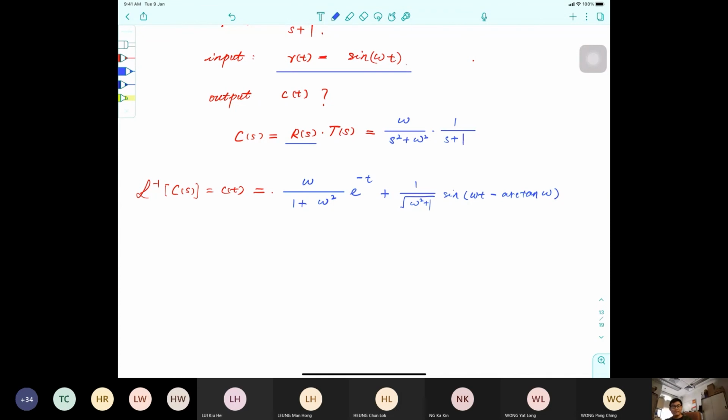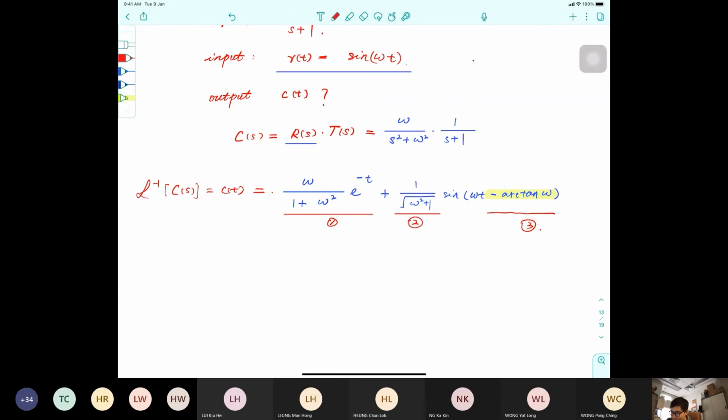So we have some elements here. We call this the first element, this the second element, and this the third element.